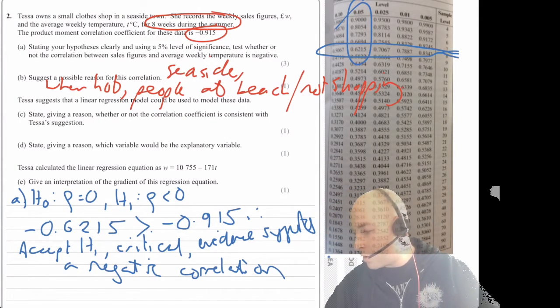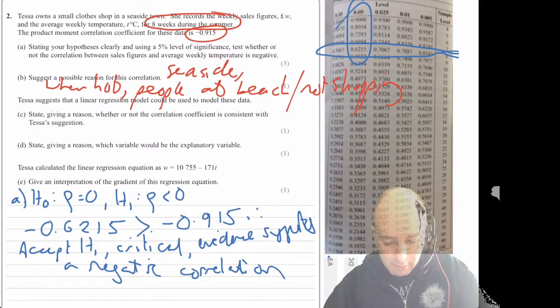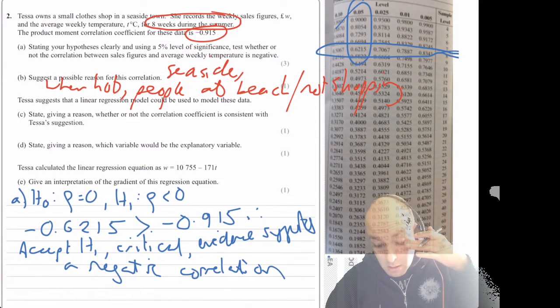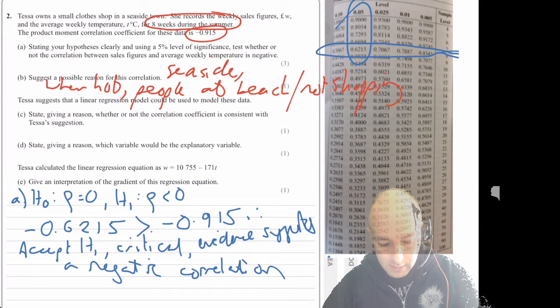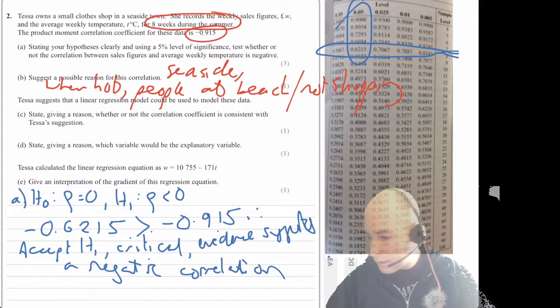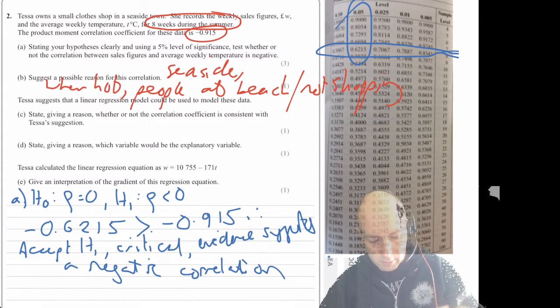Okay, so she suggests a linear regression model could be used for this data. Do you think that's wise? So she got minus 0.915, so that's very strong negative correlation. Therefore, linear model would be good. So well done, Oliver, with your answer for that one.